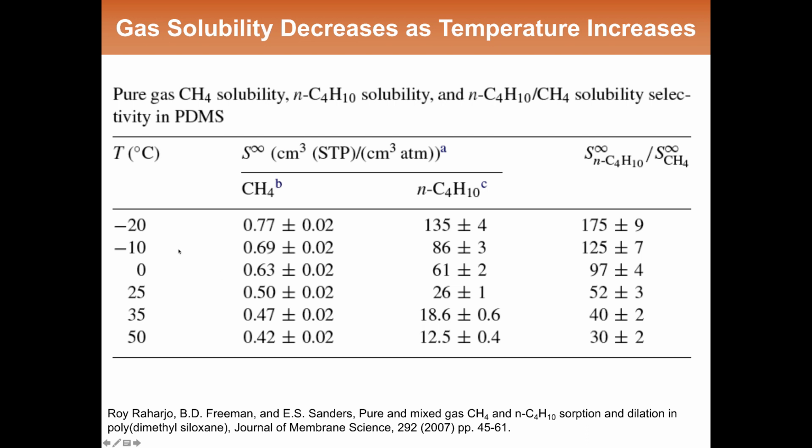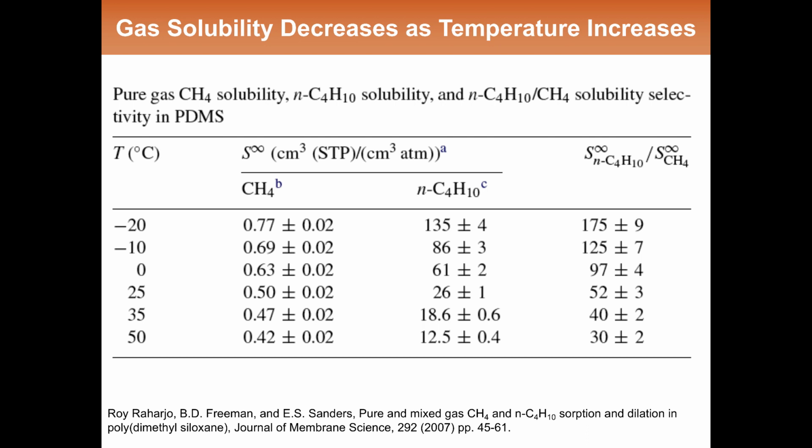And so, as an indication of that, this is methane and butane solubility as an example in silicone rubber as a function of temperature. And as the temperature goes up, methane solubility comes down, and butane solubility comes down quite a bit. So this is entirely in accord with Graham's conjecture and observation.